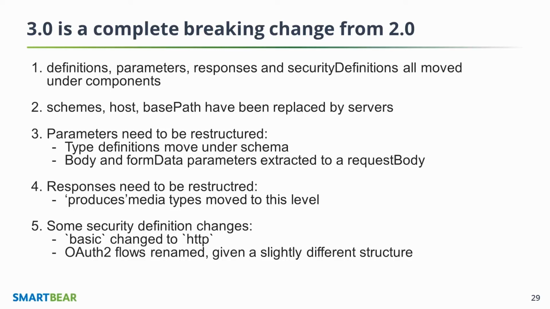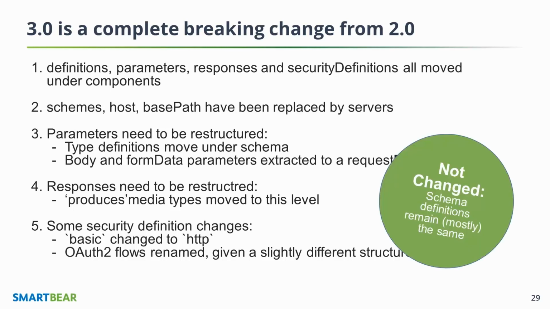Parameters need to be restructured, because even if you have simple text or simple primitive parameters, you still need to change the structure just a bit, because the schema always exists. Yeah, so let's say responses have changed quite a bit, security, as you can see, and the only thing that mostly didn't change is the schema.